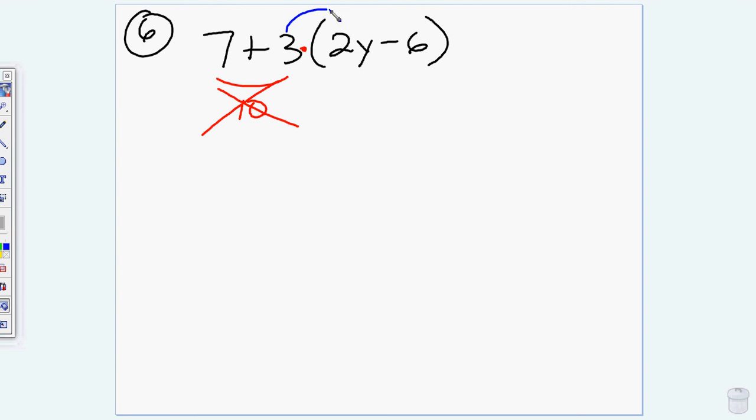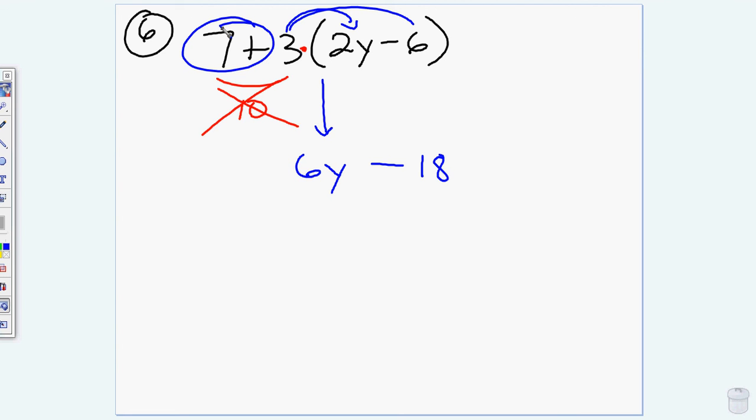I'm going to do 3 times 2y, which is 6y. I'm going to come down here. 6y minus 3 times 6, which is 18. Make sure you put whether that addition or subtraction sign is in there. But then I still have this 7 plus out in front. So I need to put 7 plus 6y minus 18. Now it becomes a problem like what we've done the last 2 days, combining like terms, which is why I did that.